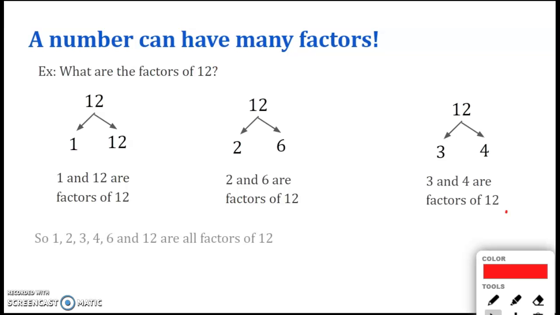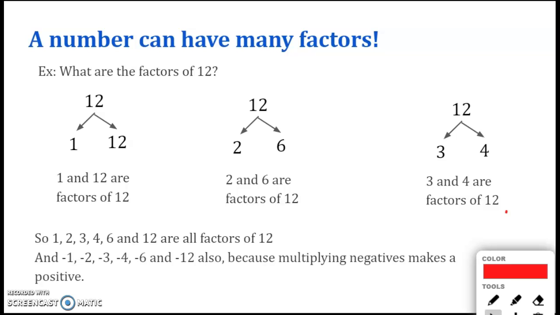So the factors of 12 are 1, 2, 3, 4, 6, and 12. And since multiplying negatives makes a positive, -1, -2, -3, -4, -6, and -12 are also factors of 12.